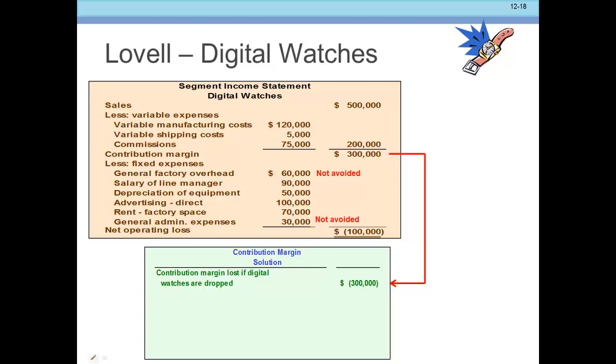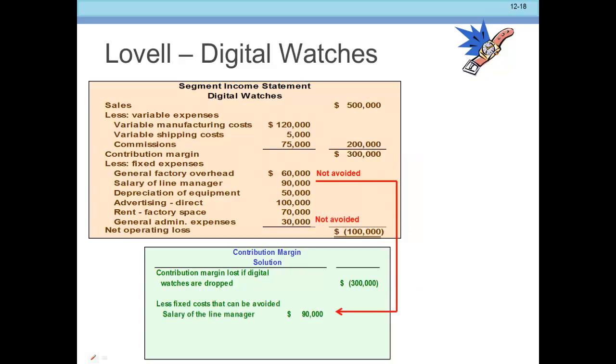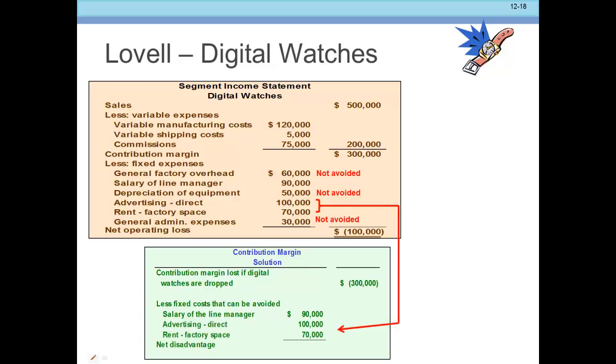What else? The line manager salary could be avoided by cutting that position. Okay. And? The depreciation would not be avoided. We can't sell the machines or use them elsewhere, so that cost stays. That's right. Keep going. The advertising and rent both would go away, so we would include those.